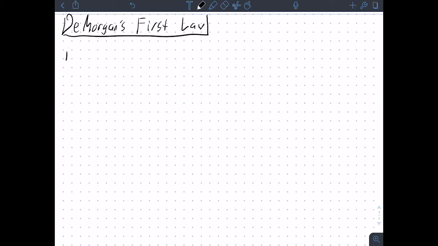So the first law states that, I guess in English you would say, the negation of a whole group of alternations, so not (P or Q or ... or S), is equivalent to, if you take all the same letters in the alternation, replace the alternations with a conjunction, and negate them.